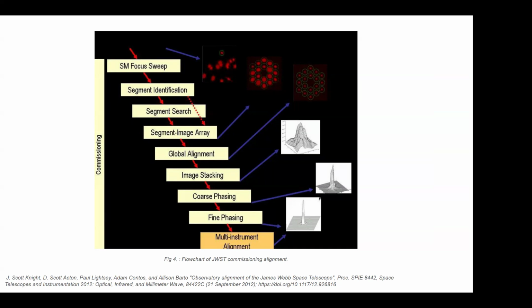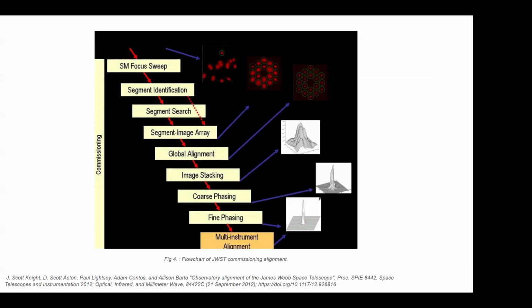The goal of both commissioning alignments, the front end alignment, is just to make sure that we can get to a point that we're getting starlight onto our instruments to be able to then perform instrument calibration. And so it's very crucial that each of these steps are done accurately. It's imperative that each of these steps are done correctly.